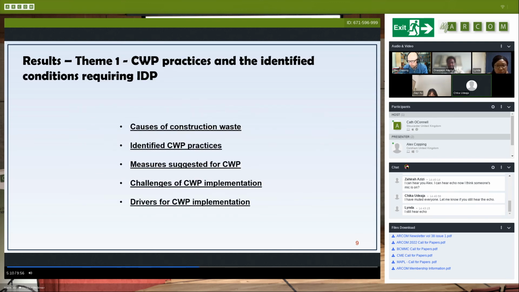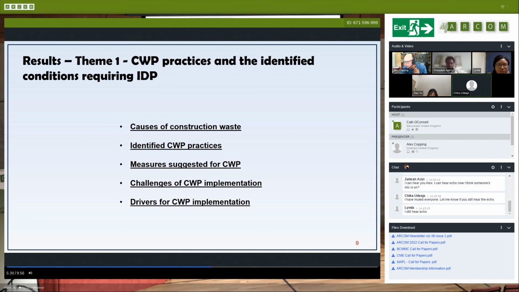Under Theme 1, the subcategories considered on CWP include causes of construction waste, identified CWP practices, measures suggested on CWP, challenges of CWP implementation, drivers for CWP implementation.